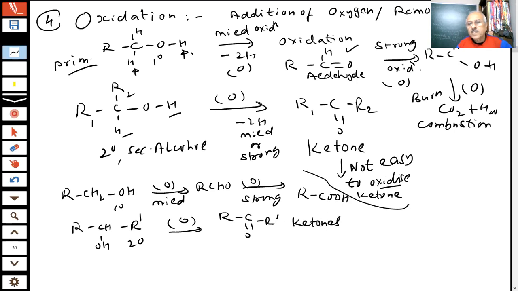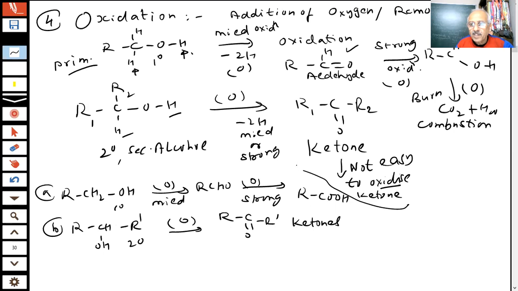And ketones cannot be oxidized by these oxidizing agents. See the difference? Primary alcohols can give aldehyde, and on stronger oxidization, it will convert into carboxylic acid. And what happens in the case of 2 degree alcohol? You will always get the ketones.